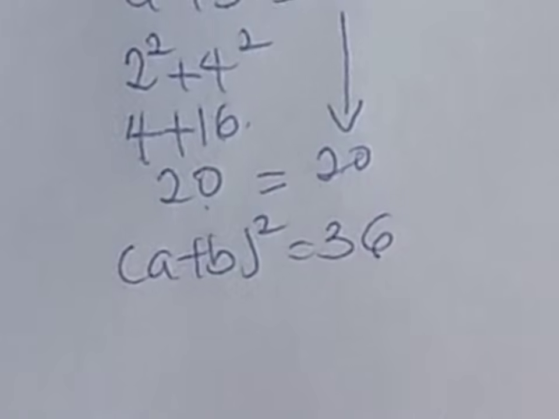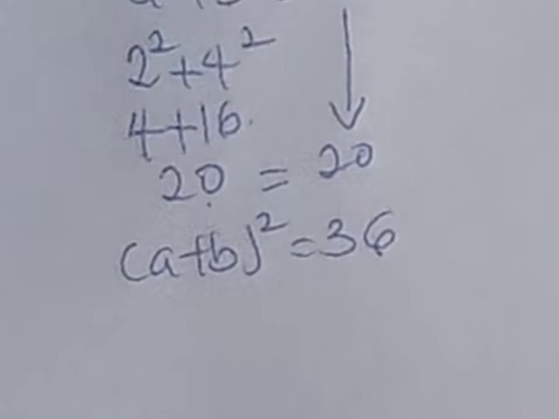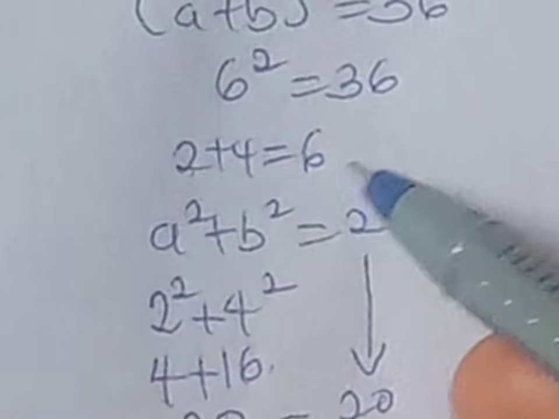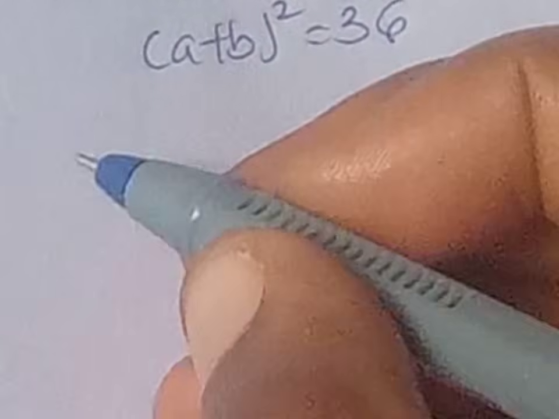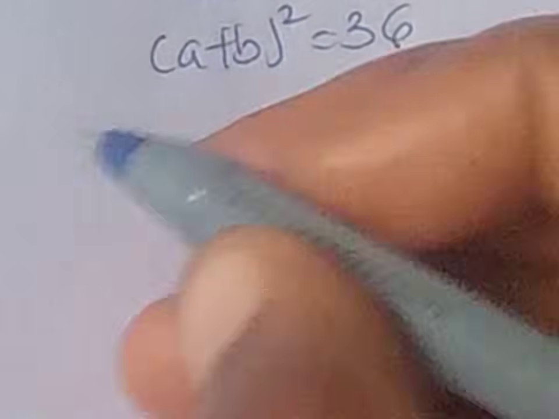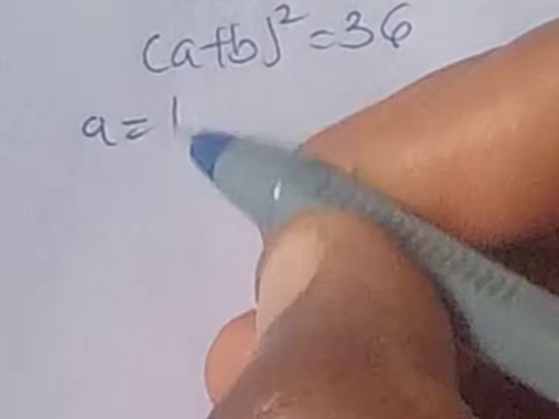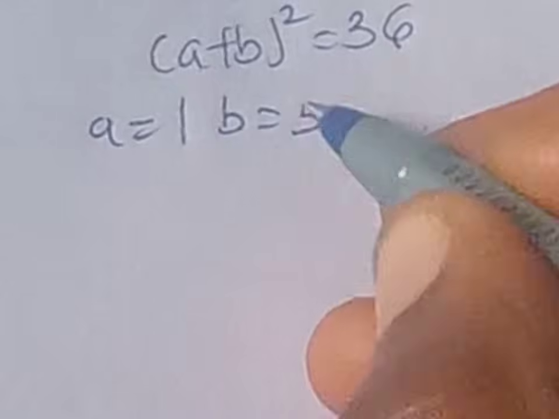But if you use other numbers that add up to 6, you will not get the result the equation gave us. Let's check it out. Let's say 1 plus 5 equals 6, where a equals 1 and b equals 5.